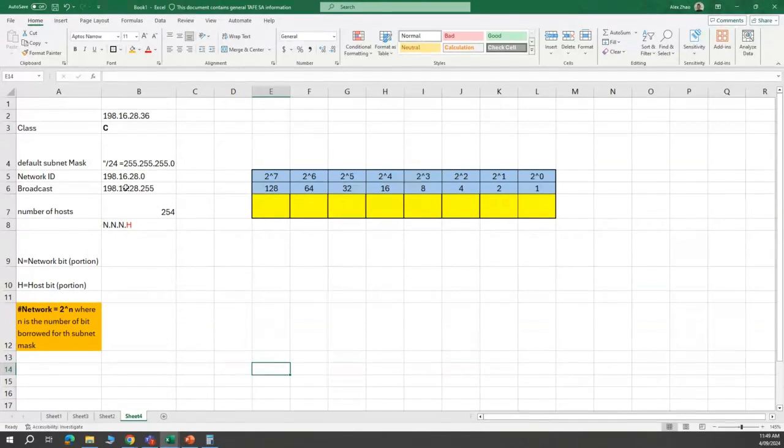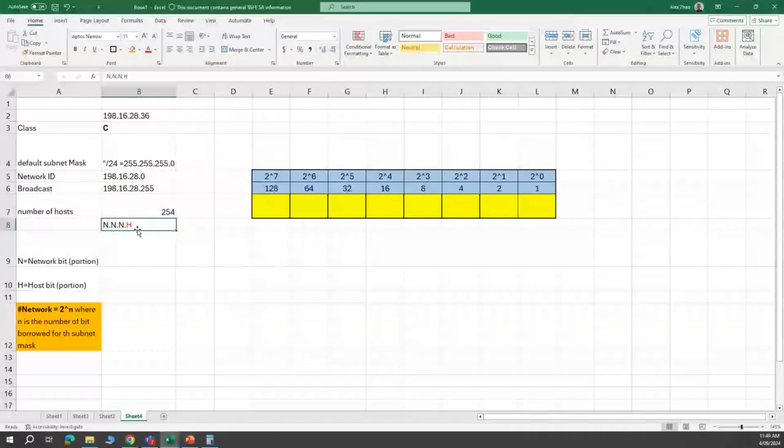So if you look at this, the default IP address is a Class C and has a /24 subnet mask, so that it is N.N.N.H. When we borrow bits to convert this to multiple networks, we are borrowing these bits from the host portion to turn into network portion bits, aren't we?